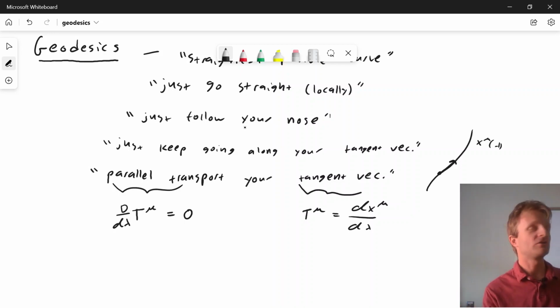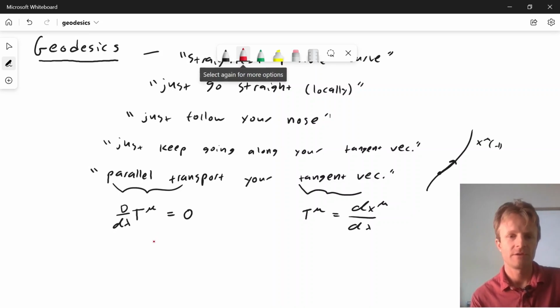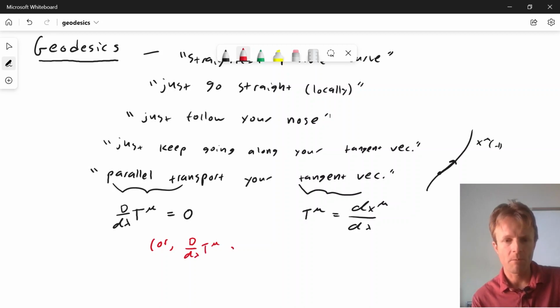So more generally, it's clear that you'll get the same curve if you instead just demand d by d lambda t mu is proportional to t mu. And this has a name. There might be a problem on the homework, I don't know if I'll have you explore this or not.